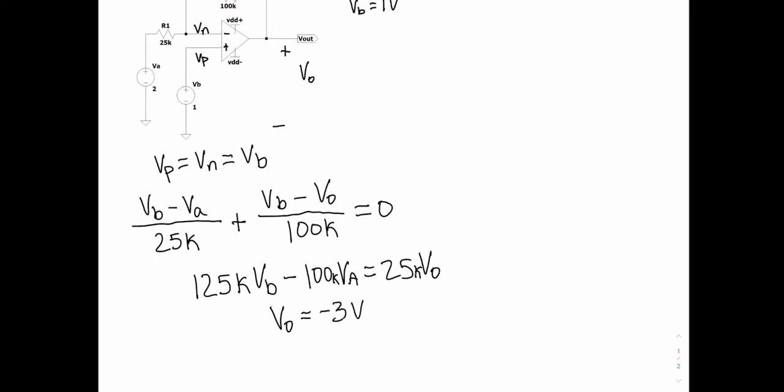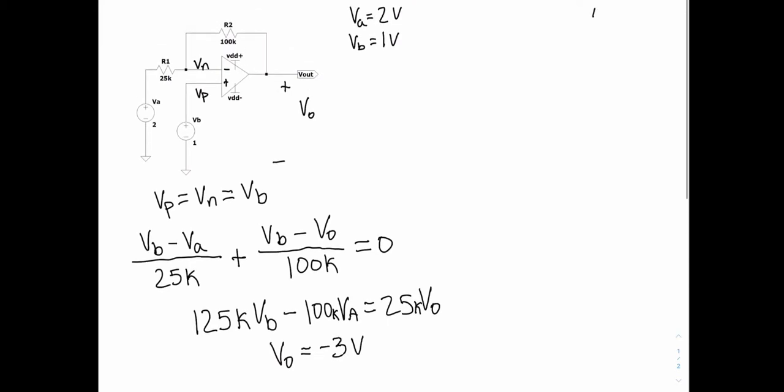Another way to look at this is superposition. So say we take VB and we deactivate it, so the voltage there is at 0. So going with the formula, we're going to have 0 minus VA, which is 2 volts, divided by 25K, our resistance, plus VB, which is 0, minus V0 over 100K is equal to 0.